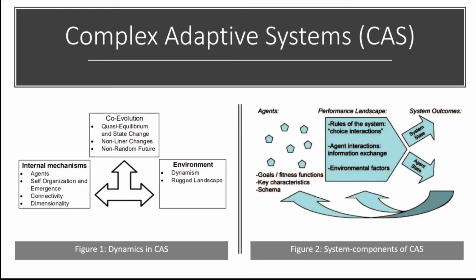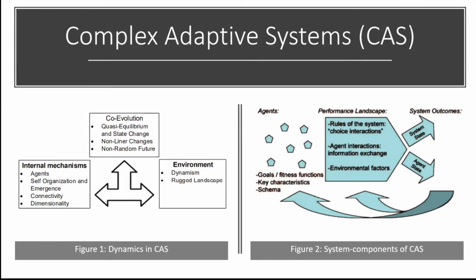They have different goals, different governing rules, and so on. And when they connect, it is called schema. And due to being in a schema, it acquires key characteristics.